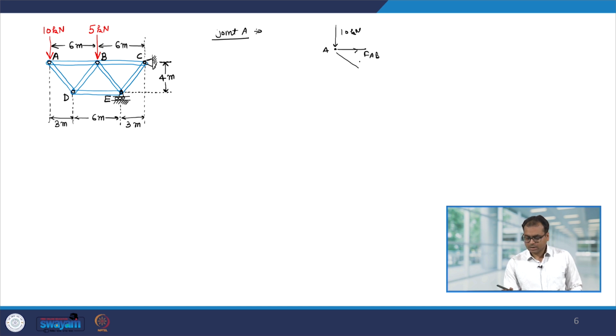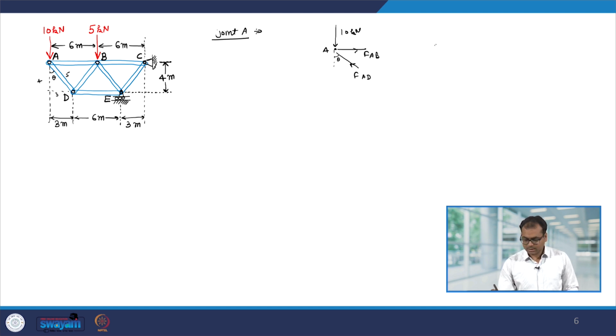Since I have to balance that 10 kilonewton force downward, let me put the force direction like that, and this will be FAD. Let us say this is making an angle of theta. You can find out the value of cos theta and sin theta, because this is 4, this is 3, therefore this will be 5 and cos theta will be 4 by 5.